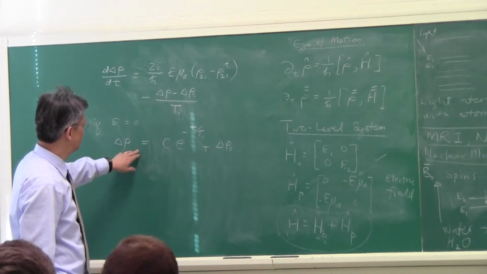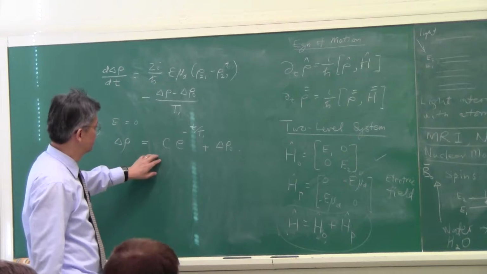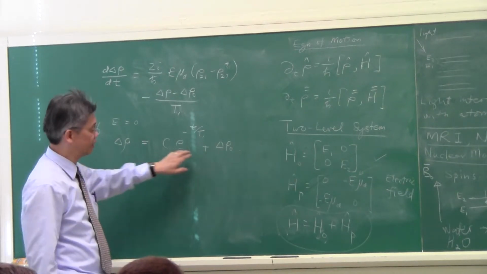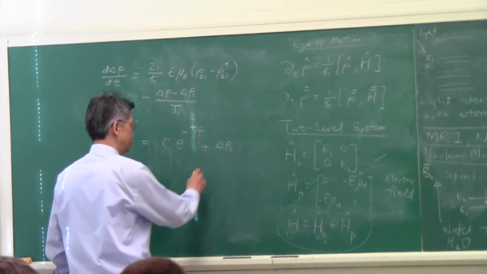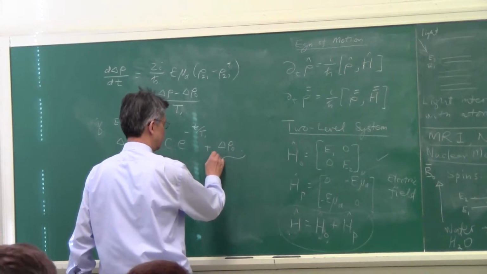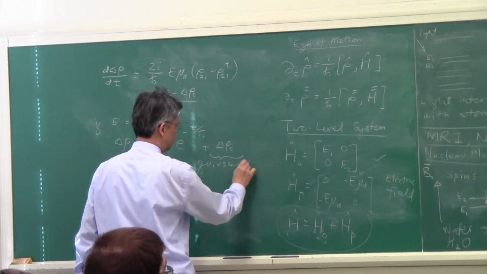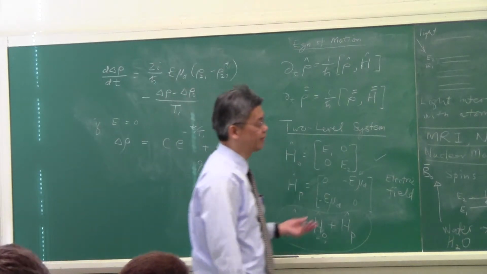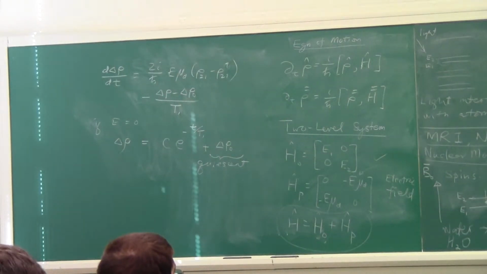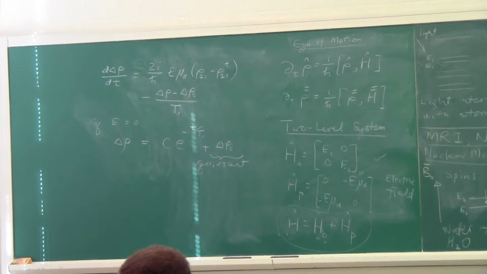That after a certain time, Δρ becomes Δρ0. This is the quiescent value of the population difference. If you think of this as representing the population difference between the two levels, if you have an atom, ρ11 minus ρ22 would just be the population difference between the two states.